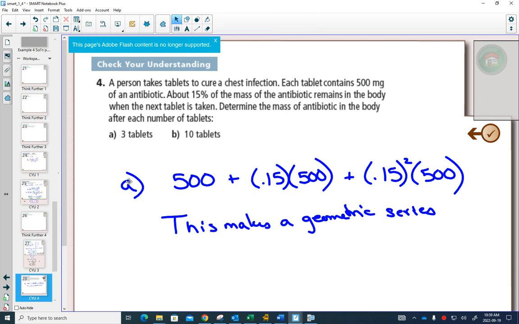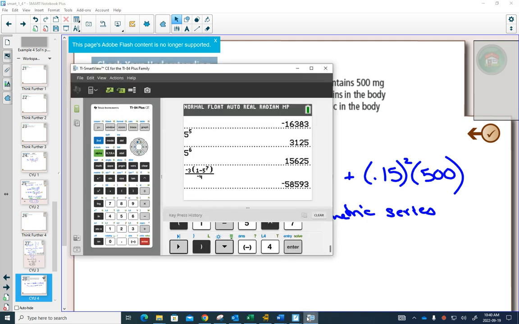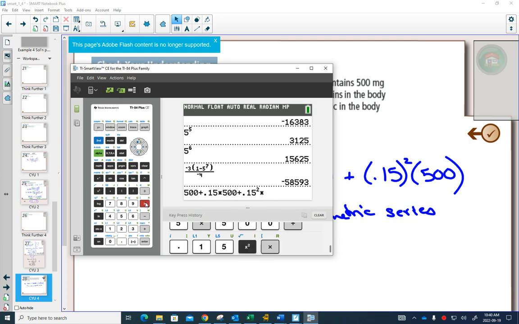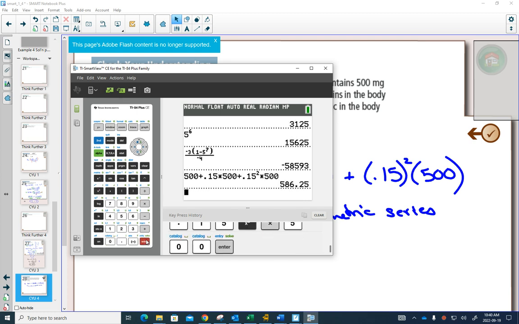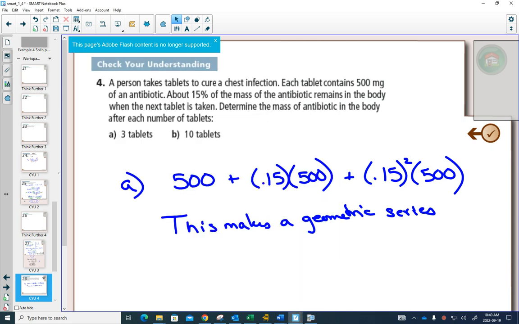So now in part A, how much is there after 3 tablets? We wrote it out, you might use middle school math to figure this out. If I wanted to add up those 3 tablets, I could just type that into my calculator, 500 plus 0.15 times 500 plus 0.15 squared times 500. 586.25.